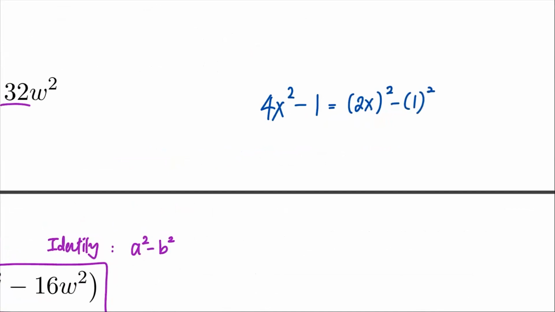Remember, when you see the number 1, 1 is the same thing as 1 squared, which means 2x minus 1, 2x plus 1. Sometimes if you go too fast in exams, you might forget about the 1. So please take note of this. Make a conscious effort to always ask yourself, can you go further? Most of the time you should be able to go as far as possible.